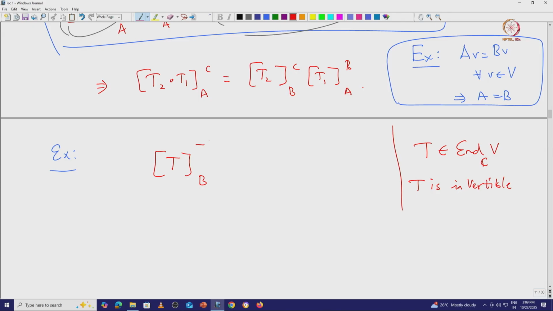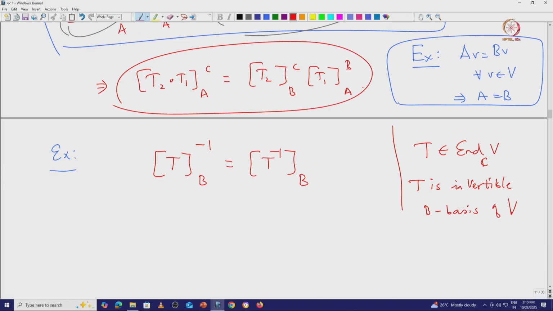If we take the inverse of this matrix representation of T with respect to the basis which is fixed for V, then that is exactly the matrix representation of T inverse with respect to the same basis, and this easily follows from this observation. I will leave it to you to prove.